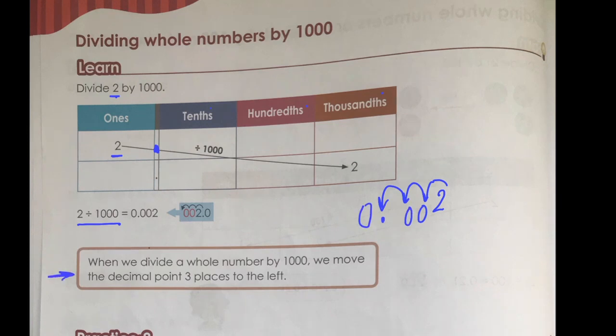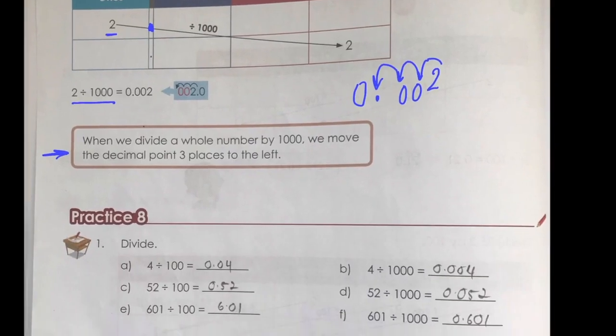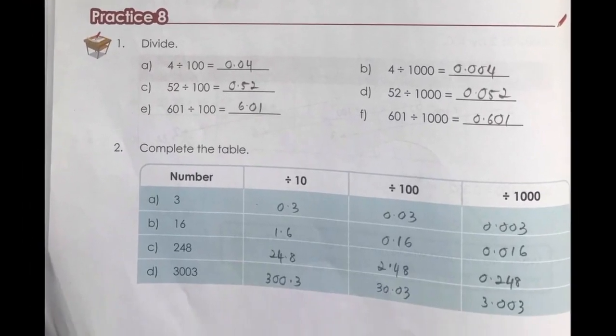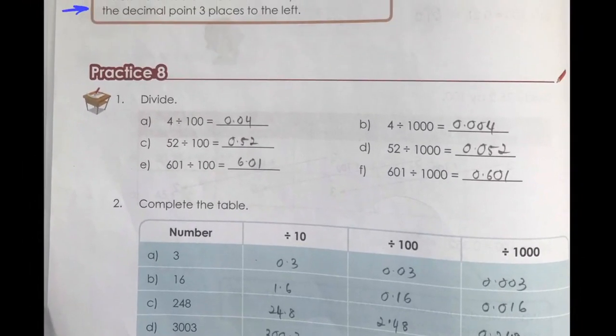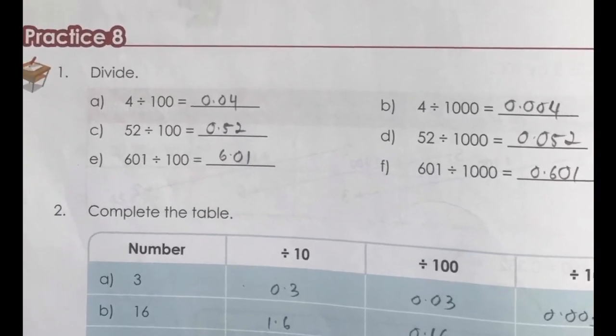So the point is, when we divide a whole number by 1,000, we move the decimal point 3 places to the left. When we're dividing, we always go back to the left.